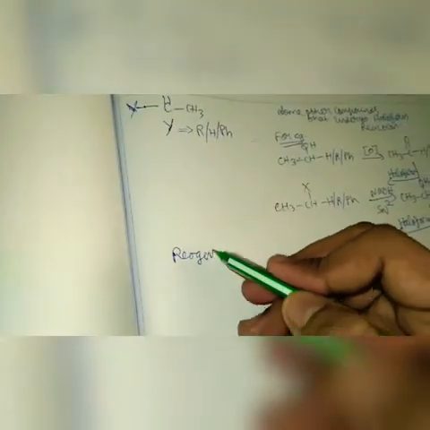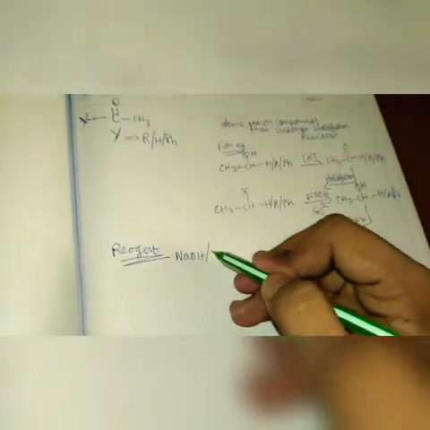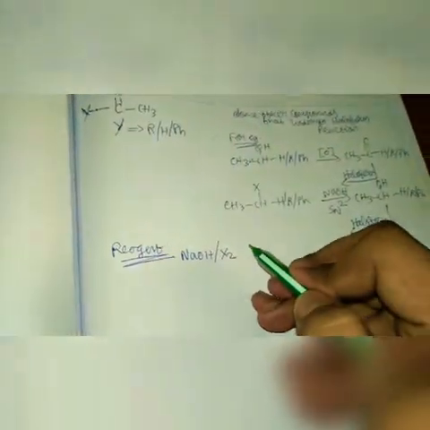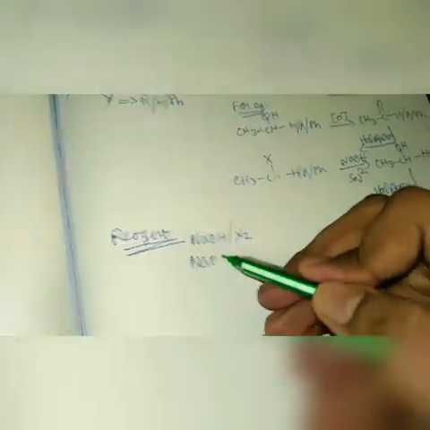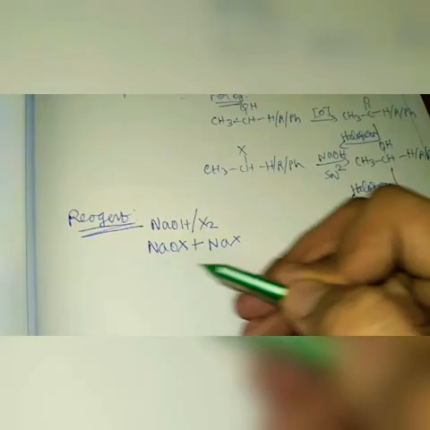The reagent used in the haloform reaction is NaOH in the presence of X2. It can also be given as NaOX plus NaX, or as NaOX3 plus NaX.